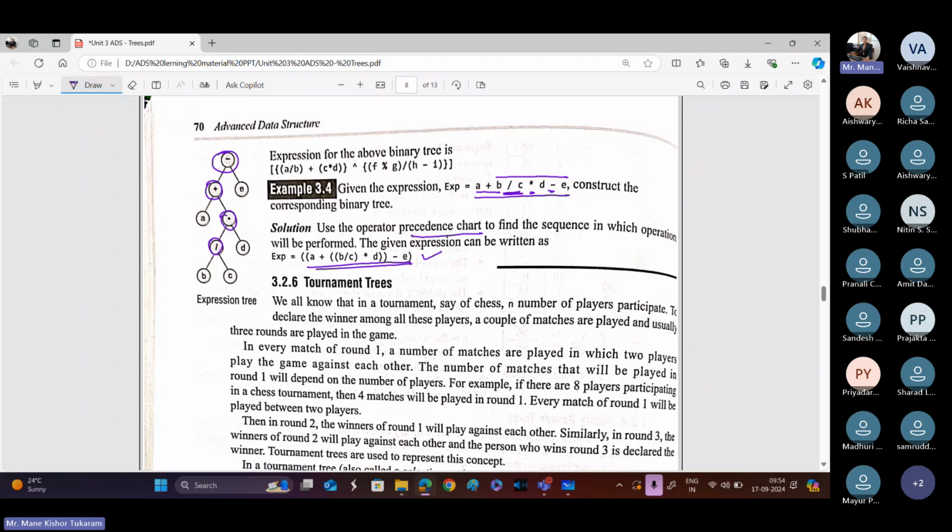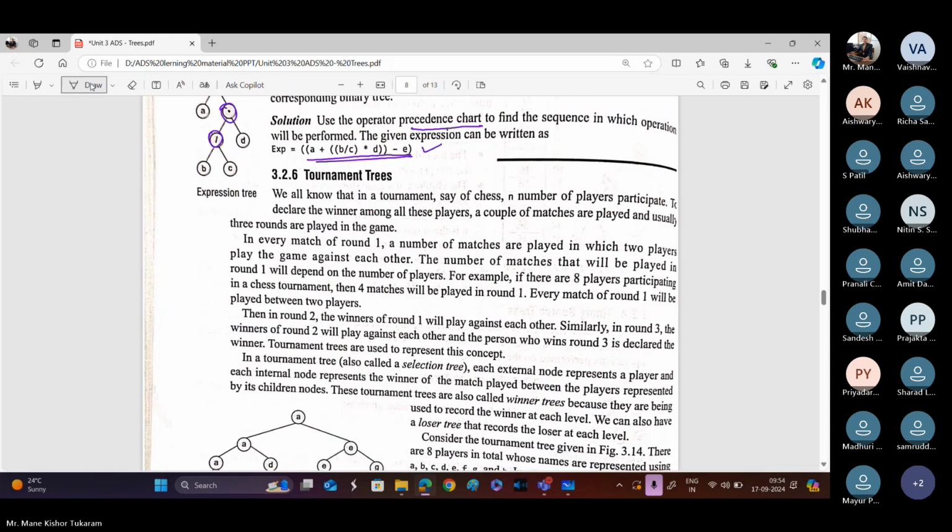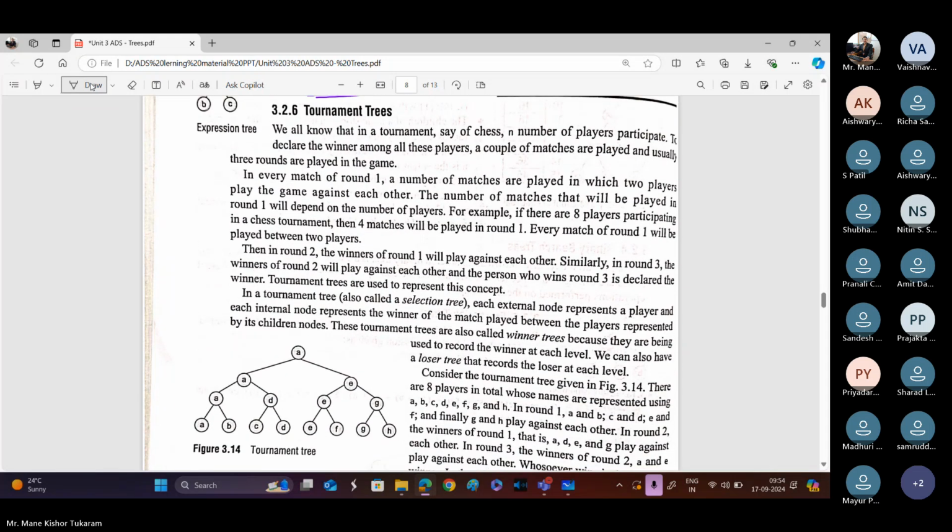The next one is the tournament tree. The tournament tree is the tree where the nodes are treated like players, and we declare the winner of the players as the root node. This is called the winner.